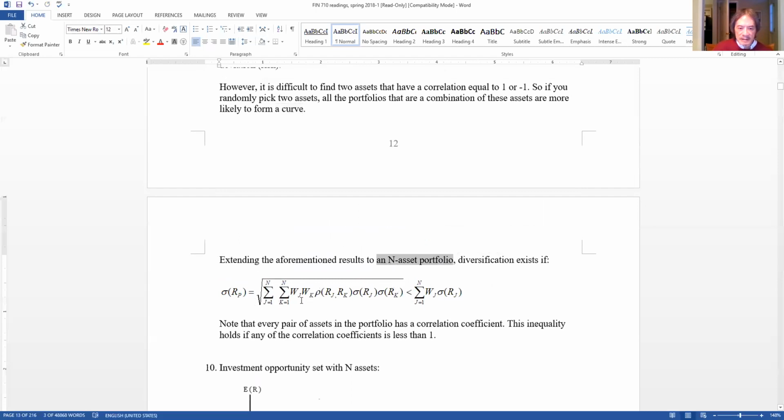So here is the variance. We take a square root to get the standard deviation. The standard deviation of the portfolio would be less than the weighted average of the individual standard deviations. This is the sum of the weighted standard deviations, right?